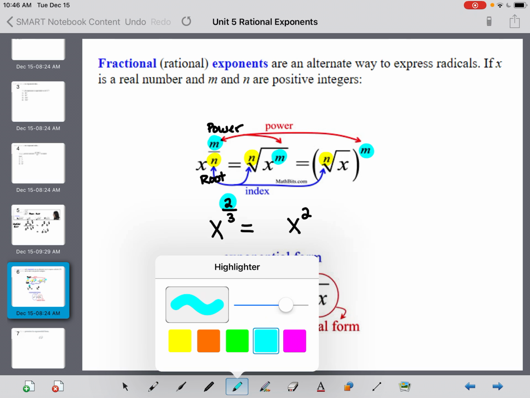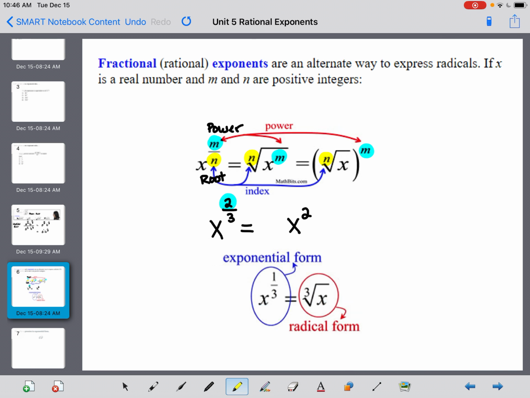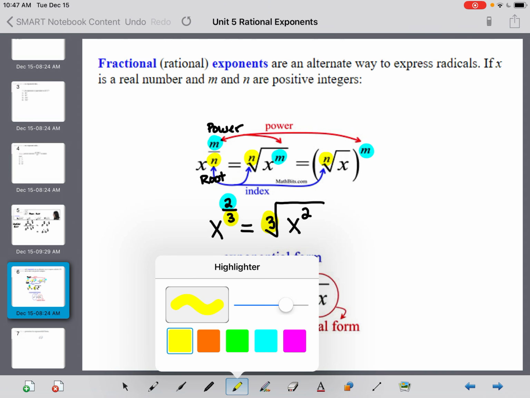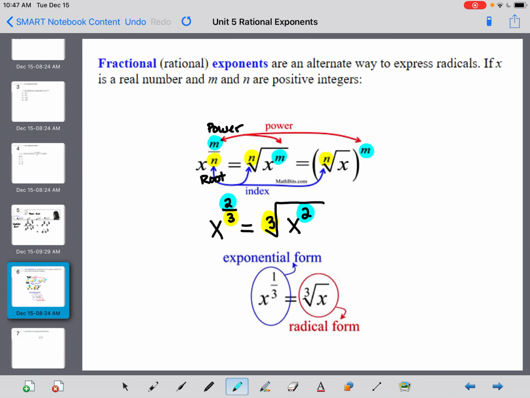But the denominator, the 3, is now going to become the index or the root of my radical. So where we put the index number or the root is in the hook of the radical. So that's where this 3 would go. So here's my 3. Here's my 2. So the cube root of x squared is an equivalent way to write x to the 2/3.